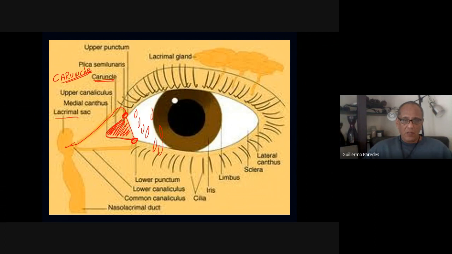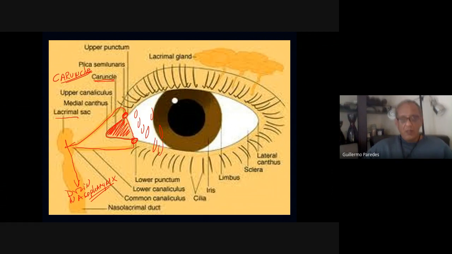These lacrimal sacs are going to drain into the nasopharynx, in the nose. So that's why the tears make you blow your nose, because they drain at the level of the caruncle. That is very important.